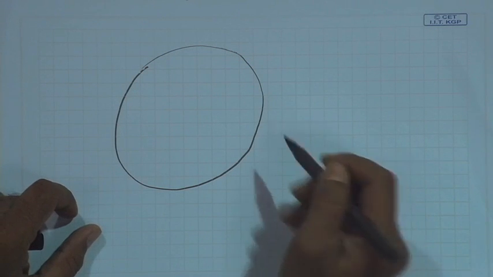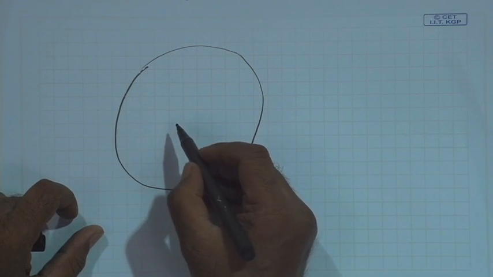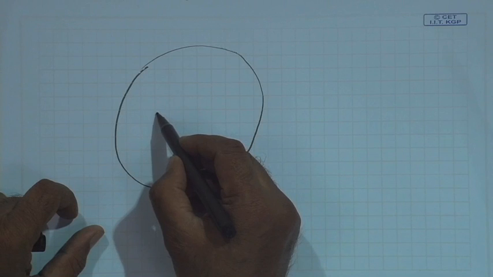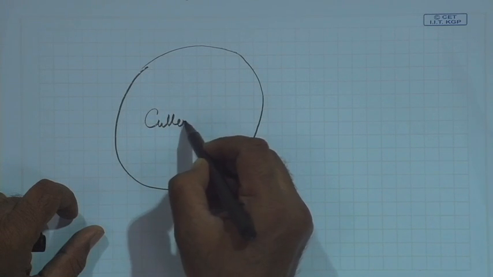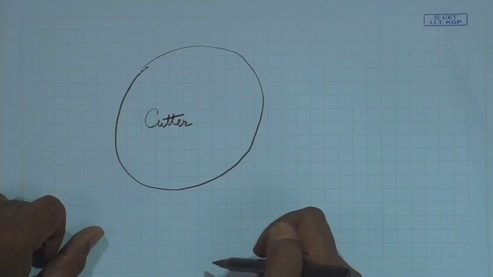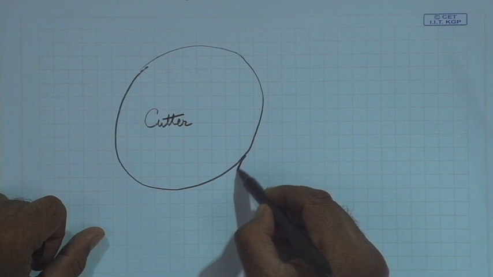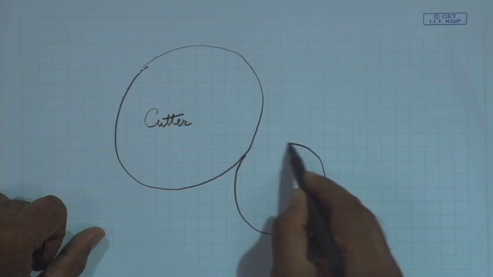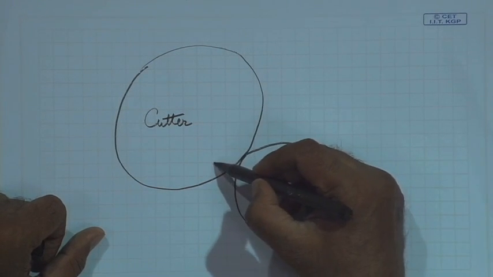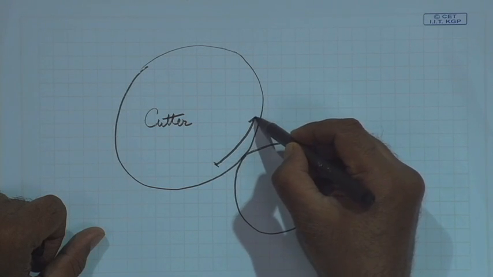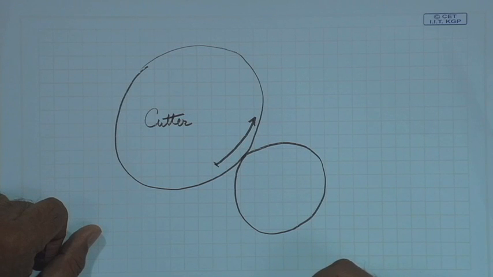This is the cutter. And this is the workpiece. This represents the rotational speed of the cutter.